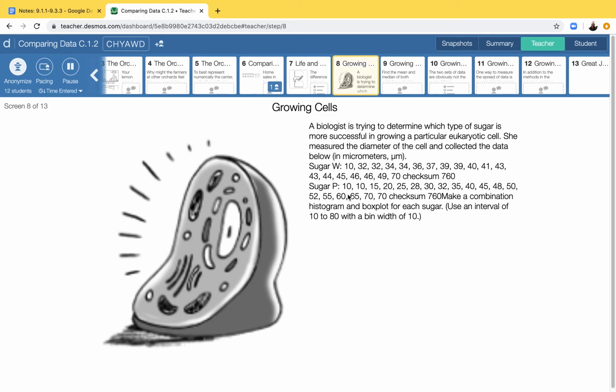So sugar P has a lot more variability in the data than sugar W. So in this case, if I wanted this particular sugar to be more consistent and maybe more reliable and not have data that ranged wildly from one end to the next, then I would probably pick sugar W.